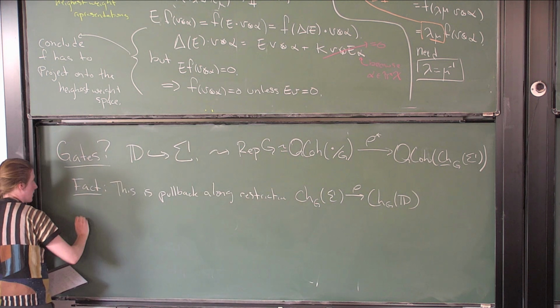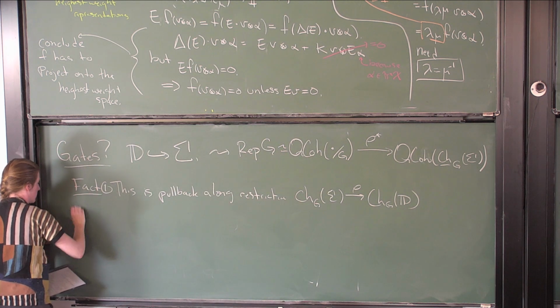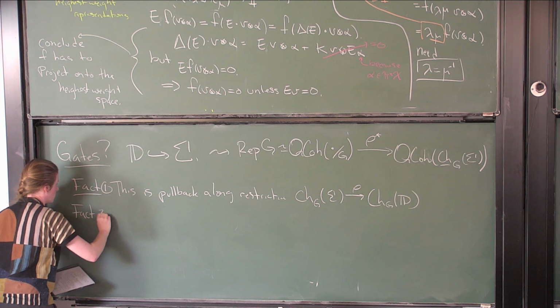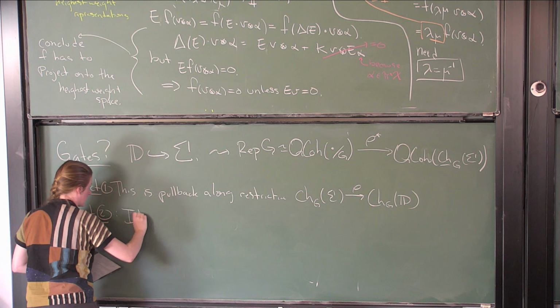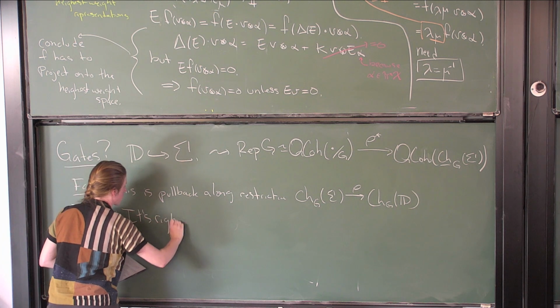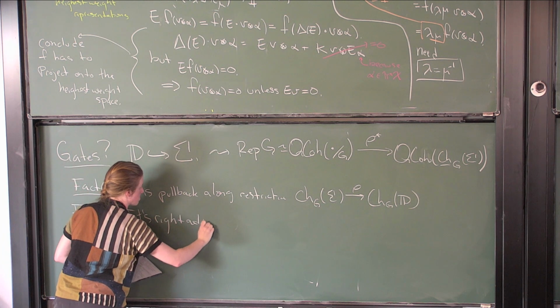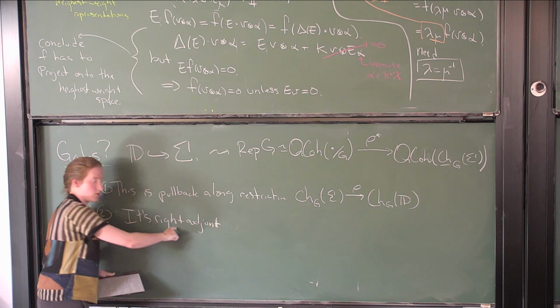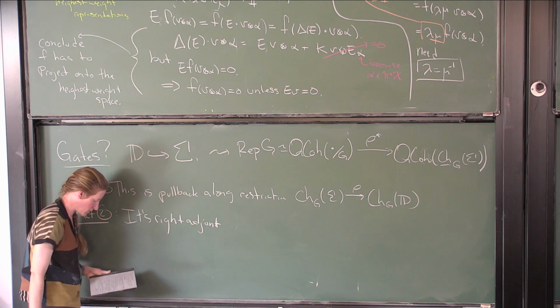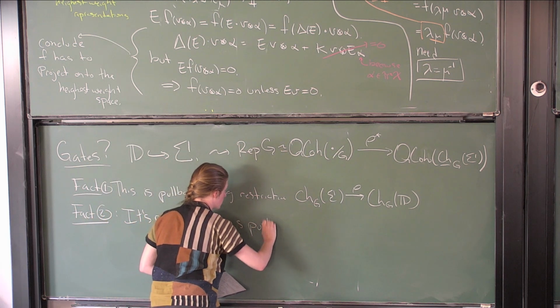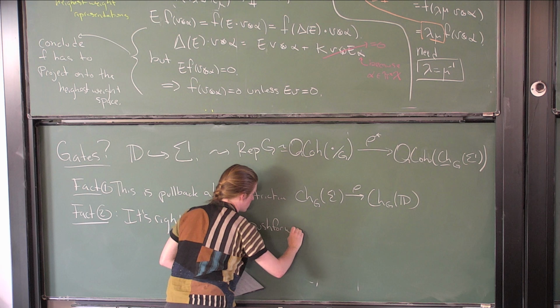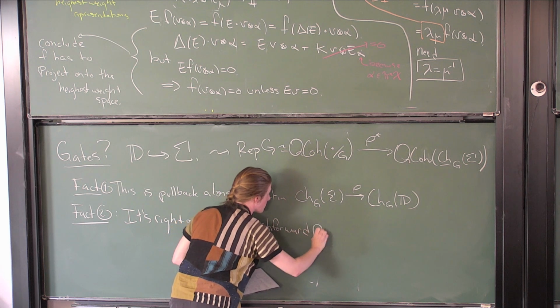And then fact 2: it's got a right adjoint, which I will need to make my internal Skein algebra, which I like quite a bit, and that is going to be just the push forward along that same map.